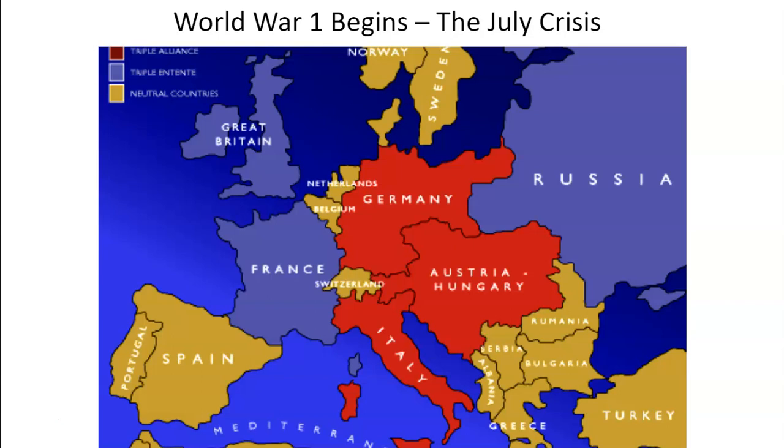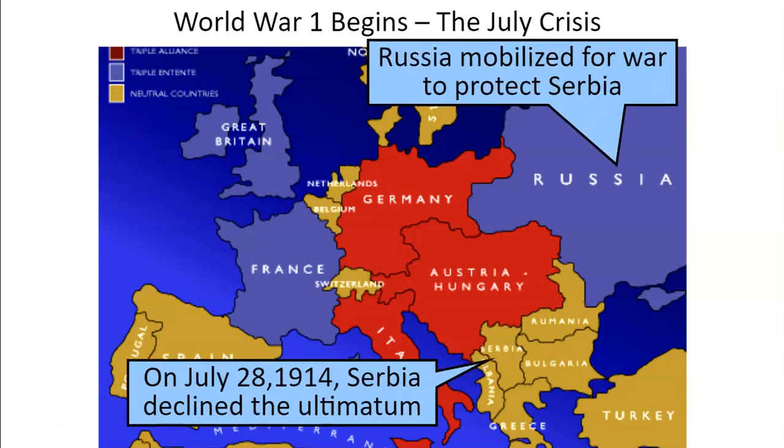Now we've got what is known as the July Crisis. You can see here in red is the Triple Alliance, and blue is the Triple Entente, and the yellowish mustard color is everyone that seems to be very neutral. Here we go. Russia is going to mobilize for war to protect Serbia. So on July 28, 1914, Serbia declines the ultimatum.